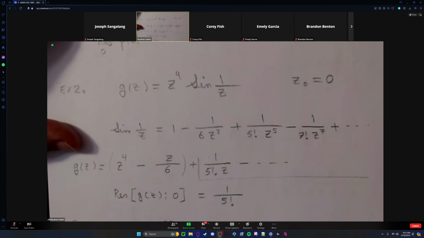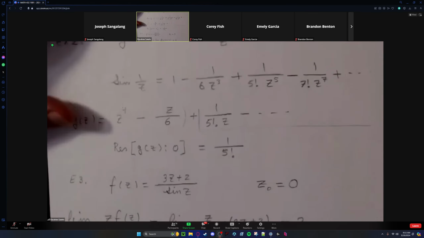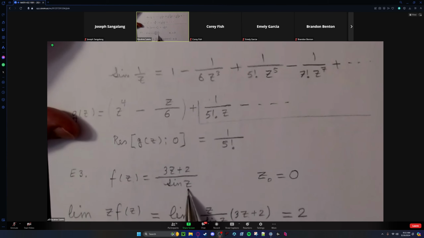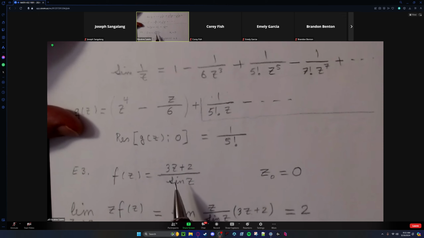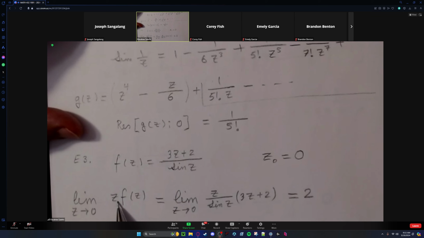Here's another example: 3z plus 2 over sine z. Of course, a zero of the denominator is a bad point, a singularity, but it is a simple pole. How do we find the residue here? Because it is a simple pole, we multiply by z and take the limit. The limit of this one is 1, and here you get 2.